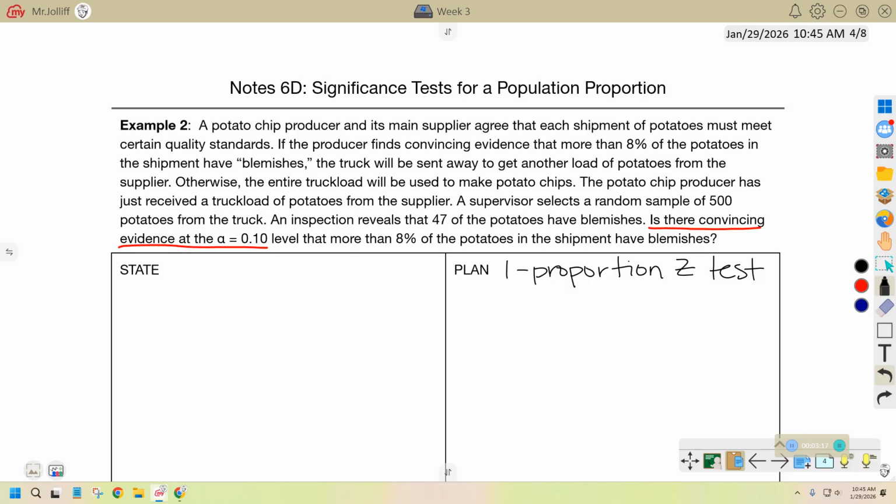Stating what I'm doing. And since I am doing a test for a proportion, I should define that population proportion of interest in words. And somebody already told me that it was potatoes with blemishes. So this is the proportion of potatoes on the truck with blemishes.